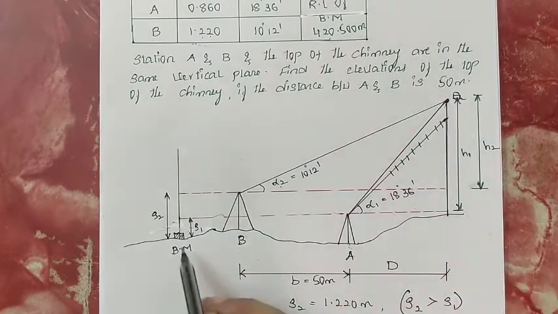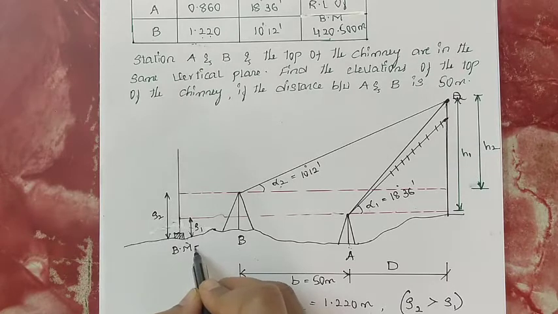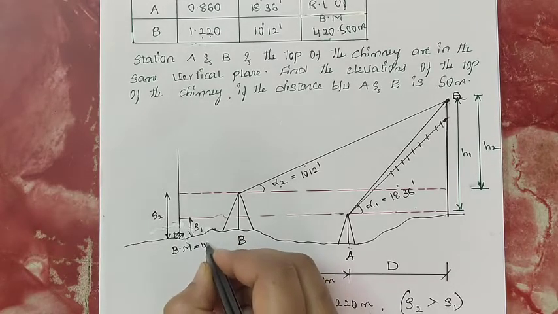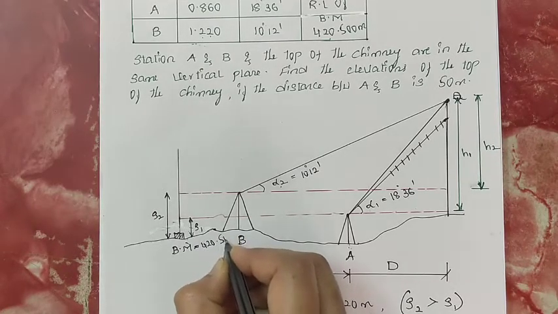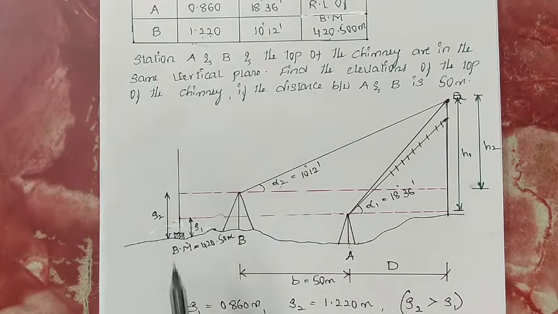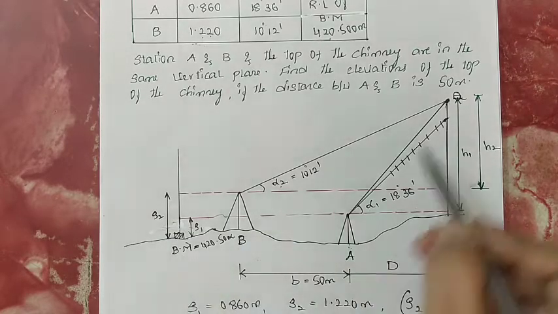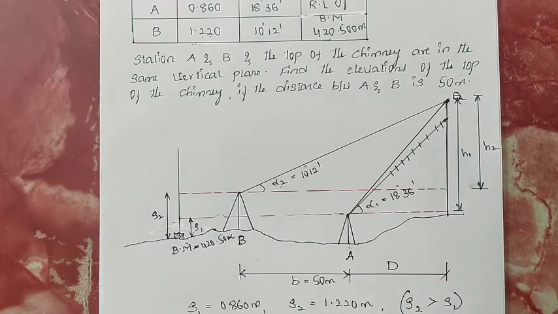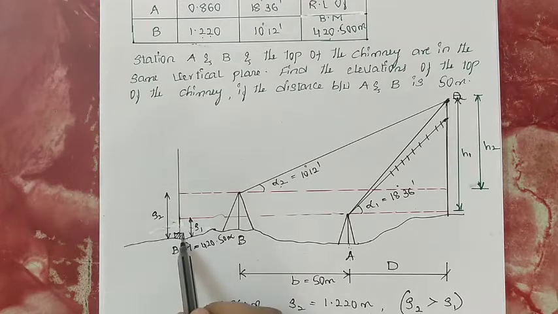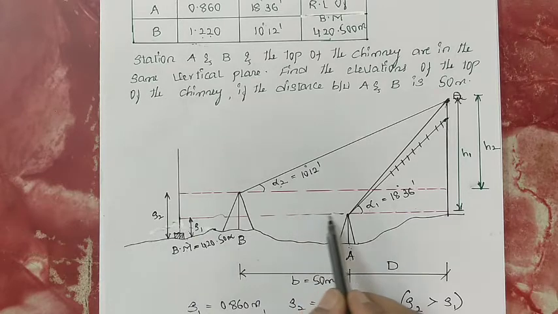Okay. How are we going to calculate? RL of benchmark they have given, it is 420.50 meter. Okay. By taking the reference of RL of benchmark, you need to calculate RL of this Q when the instrument is at A. That is what? RL of benchmark plus the staff reading on the benchmark, that is S1. Okay.